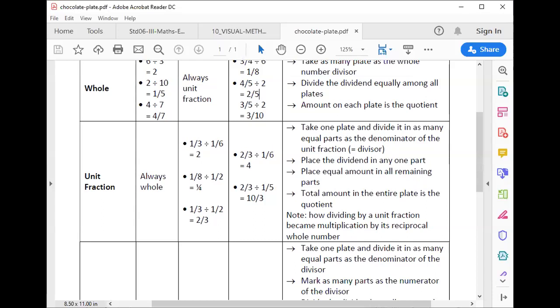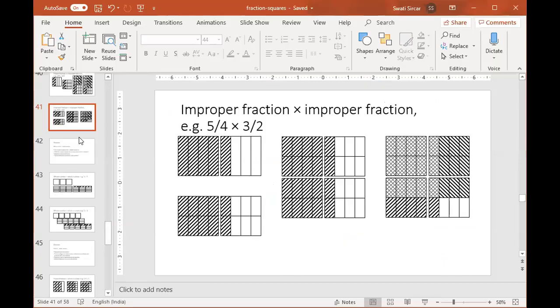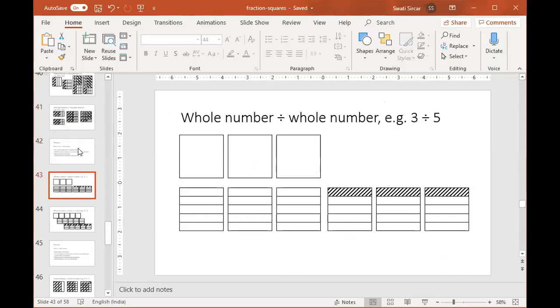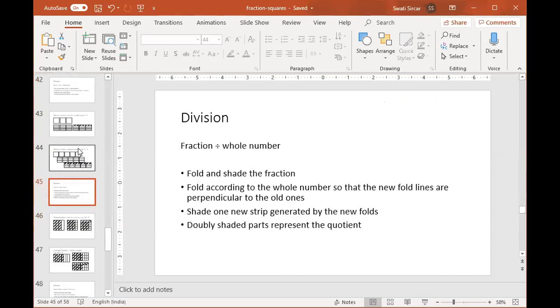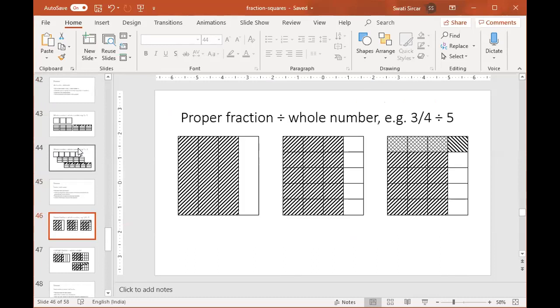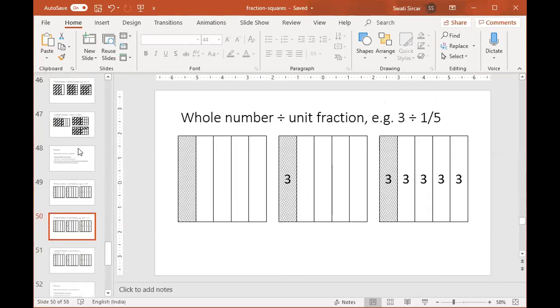Maybe I should show this with pictures. So you are dividing a whole number by a unit fraction.